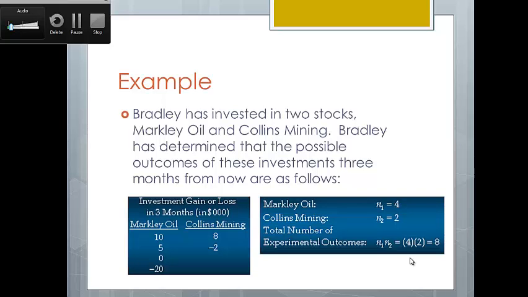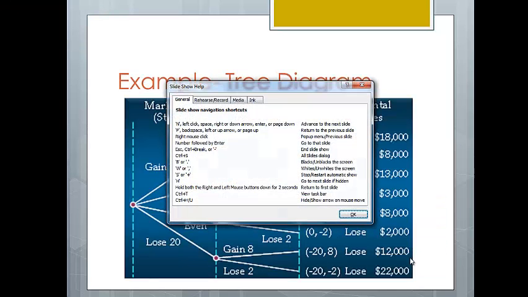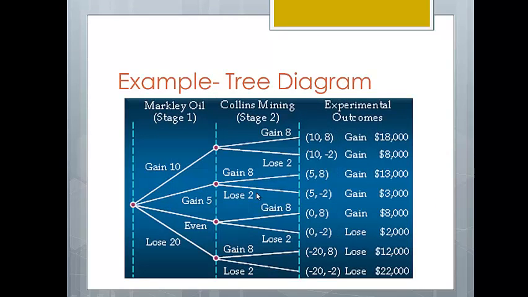So let's see what those 8 potential outcomes would look like. That can be demonstrated in a tree diagram. So we have our 2 potential stages, Markley Oil and Collins Mining. Now we're calling them 2 potential stages when in reality they're happening at the same time in each month, but we're going to call them stages because they are occurring independent of one another.